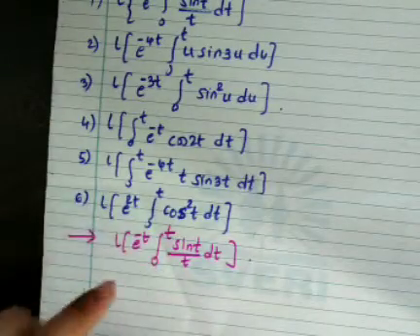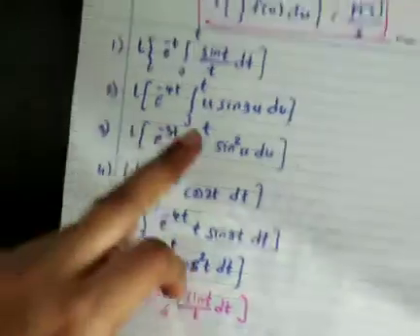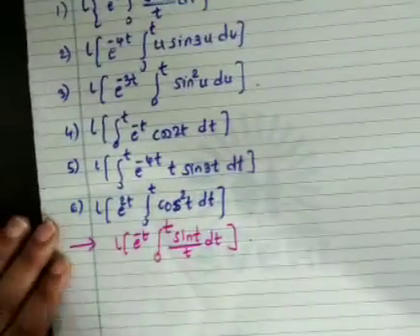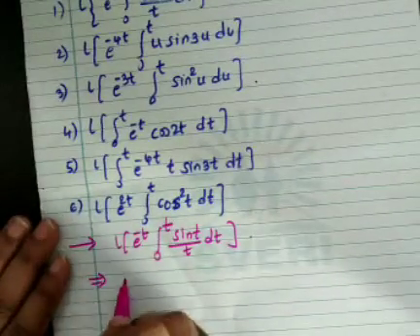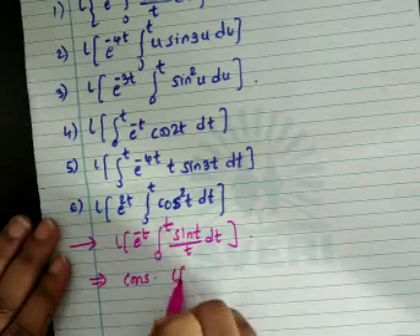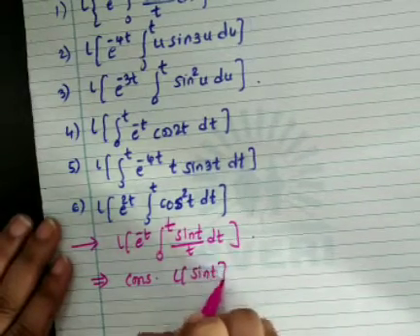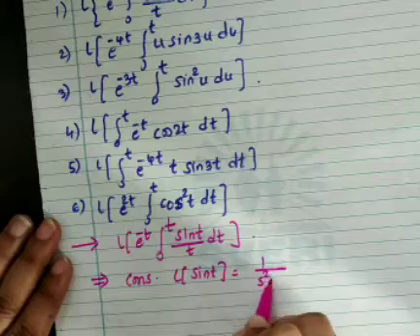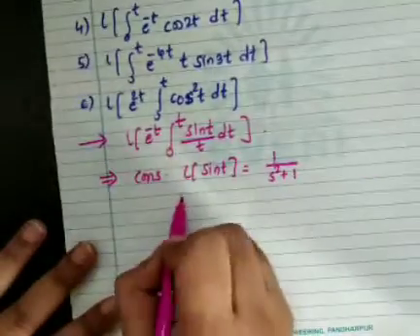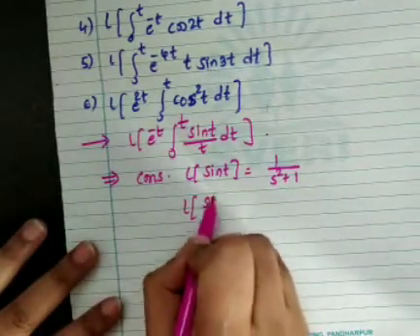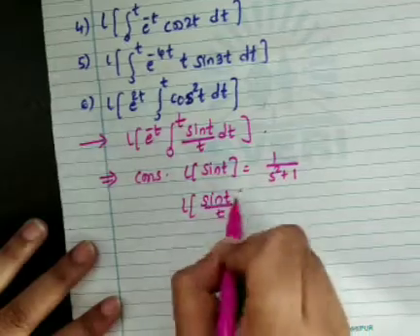Inside the integral, there can be t or u also. To solve this, we first consider the Laplace transform of sine t only, which is nothing but 1 upon s square plus 1. Then there is upon t, that is Laplace of sine t upon t.